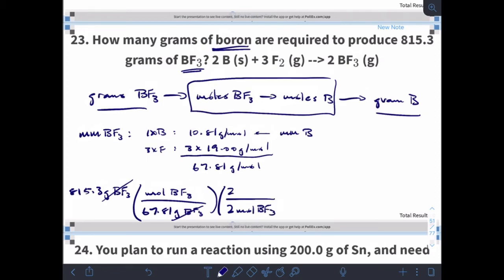Boron trifluoride on the bottom so that it will cancel. So now if I stopped here, I would have moles of boron. But the question wants grams of boron. So my final step is to convert moles into grams using the molar mass of boron, putting moles on the bottom so they cancel out.